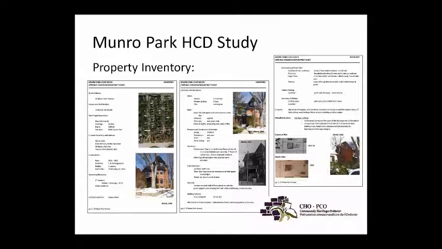You'll see in the second page of the inventory that's been reproduced, the center one, there's an older photograph of the building that we were able to find.